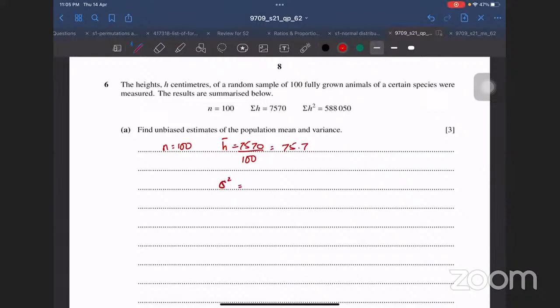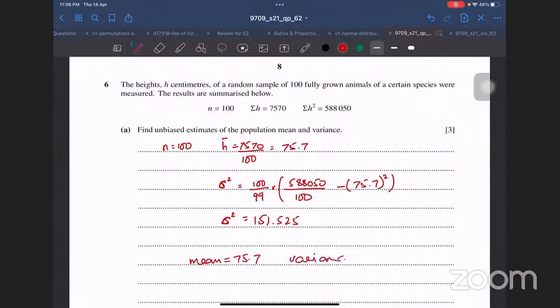And sigma squared is basically 100 over 99 into 588050 divided by 100 minus 75.7 squared. So I get mean 75.7, variance 152.